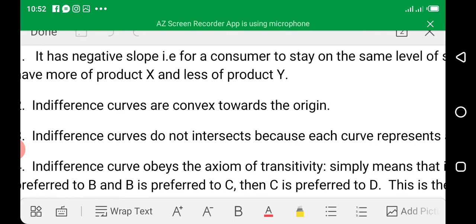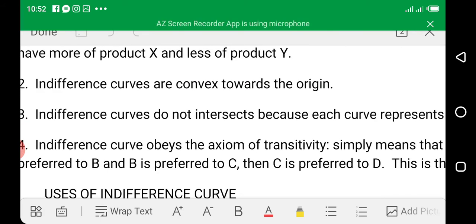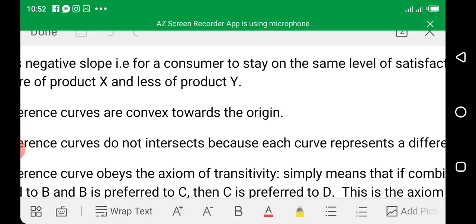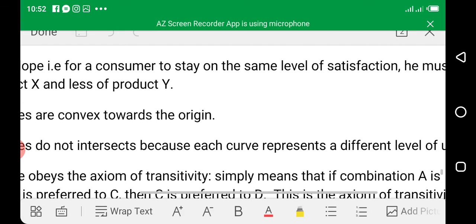Take for instance, when we want to consume food like bread and egg, more of bread will be consumed, which represents the product X, and less of egg will be consumed so as to attain the same level of satisfaction.